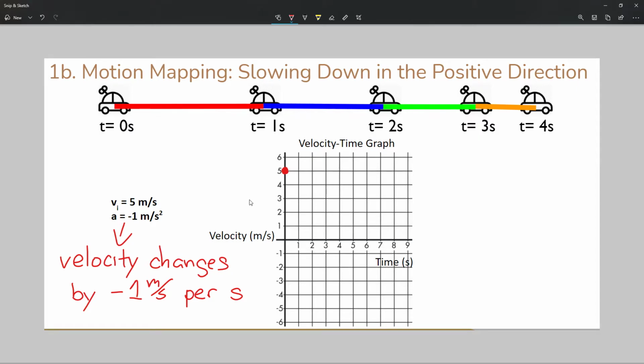The next second, if our velocity changes by negative 1 meters per second, well, 5 plus negative 1 gives you 4. So now at the next second, we have a velocity of 4 meters per second, and so on, until we get to a velocity of 0. We've now completely stopped and our velocity is 0 now, which makes sense because we are slowing down in the positive direction.